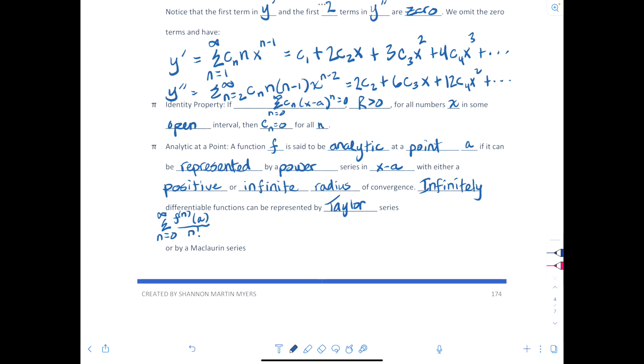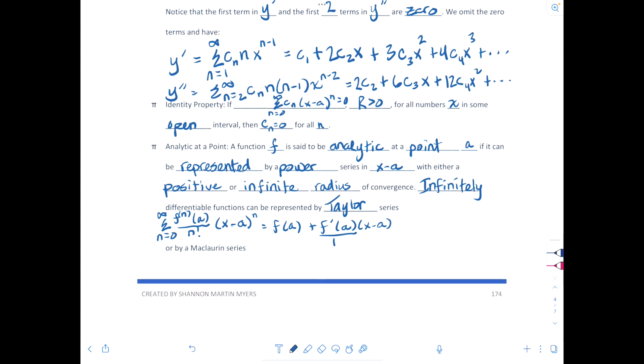And then that's times x minus a to the n, which is equal to f at a plus f prime at a times x minus a over 1 factorial, my bad.